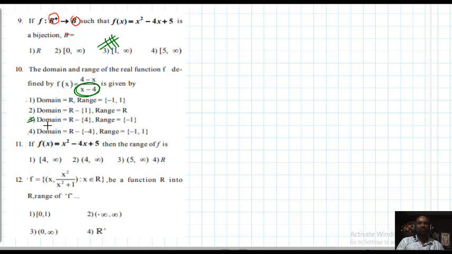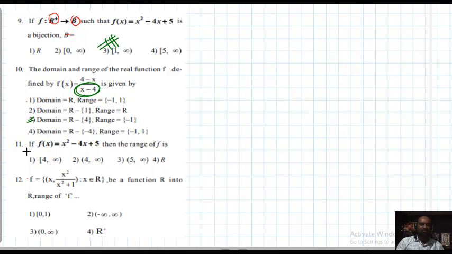Without finding the range also I can say option 3, because the actual domain is all real numbers except 4, and only one option is giving the domain as all real numbers except 4. So no need to check the range. Actually you can find the range; then also you will get the same, all real numbers except minus 1 only. But what is important here is that you can directly conclude that this is the answer for this problem.